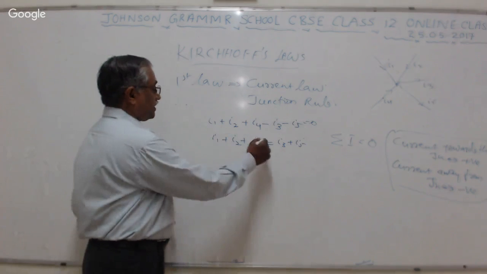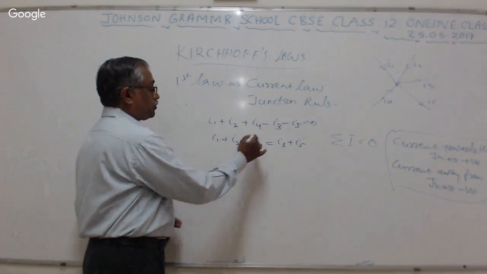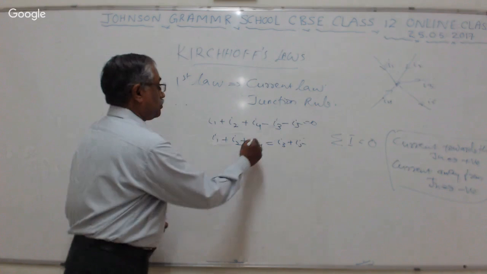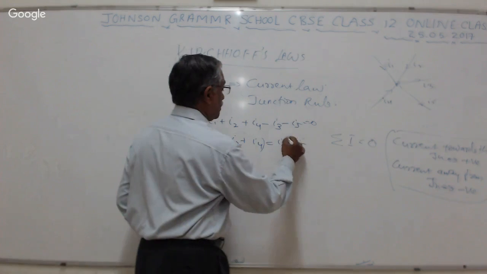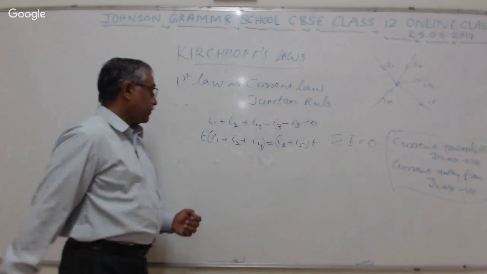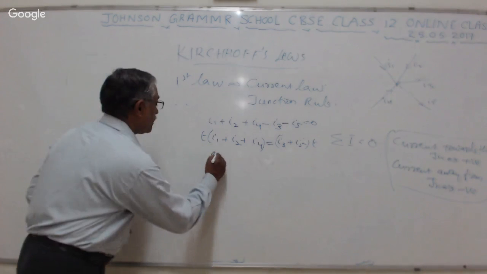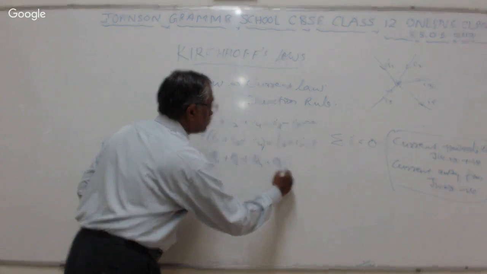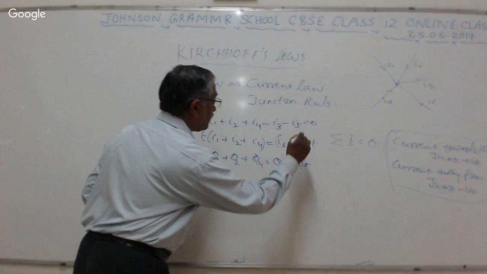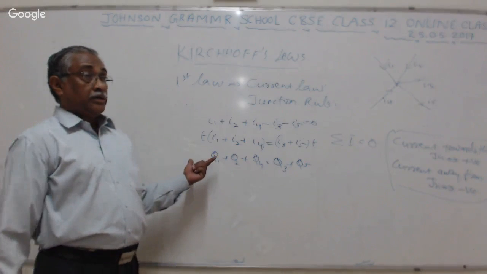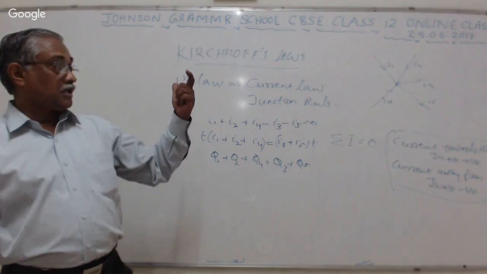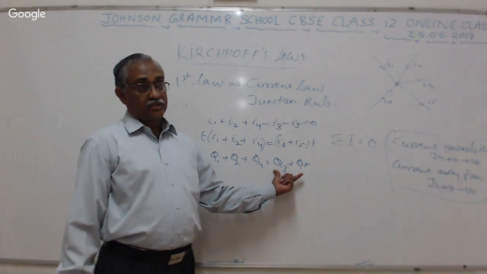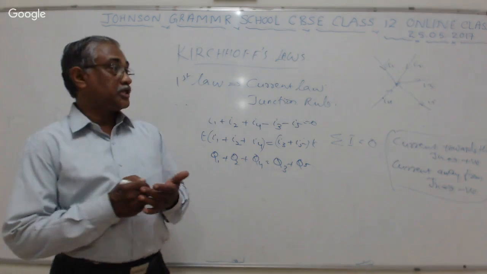So we can simplify that: I1 into T, I2 into T, I4 into T, and I3 into T, and I5 into T. We can multiply both sides by T. So we can say Q1 plus Q2 plus Q4 is equal to Q3 plus Q5. So the total charge coming towards the junction is equal to the total charge going out of the junction, which means the net charge at a point is equal to 0.